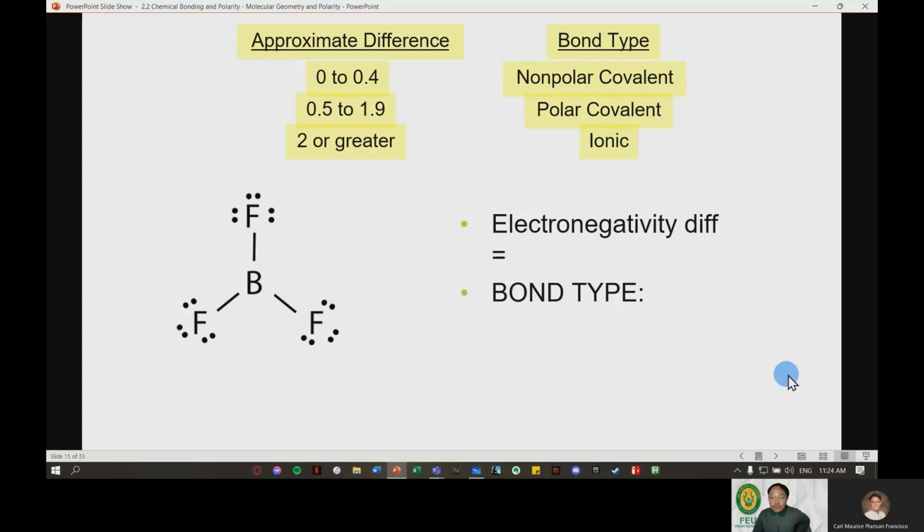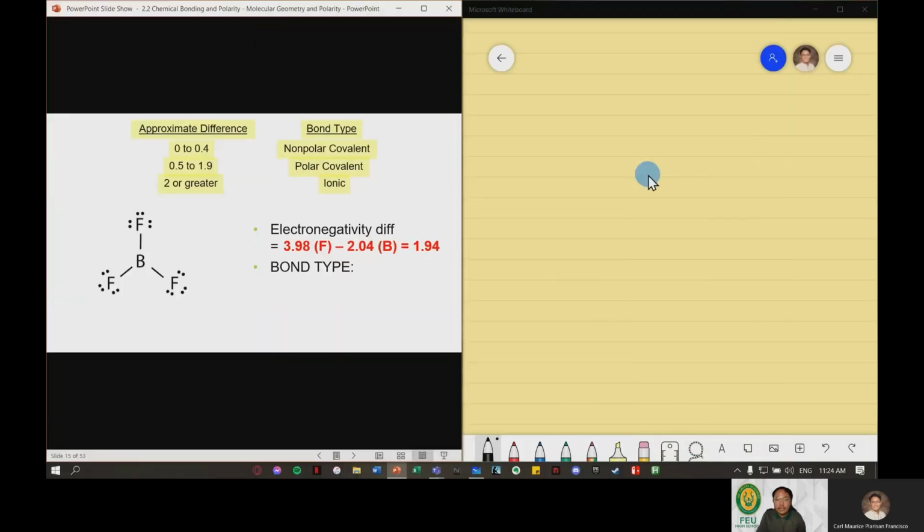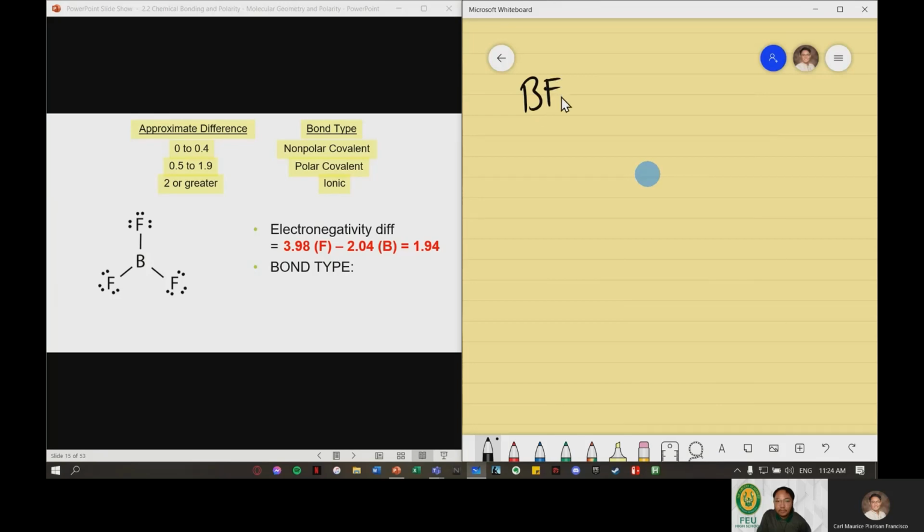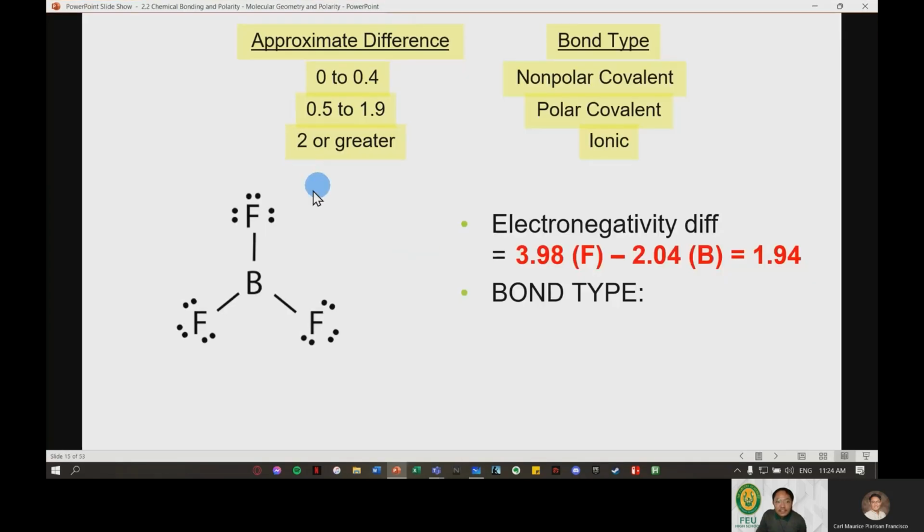Should I compute the electronegativity difference of boron and fluorine, I have 1.94. Now, 1.94 falls under polar covalent. So I shall write, boron trifluoride has polar bonds. Let's say that the single bond, the attraction, are termed to be polar.